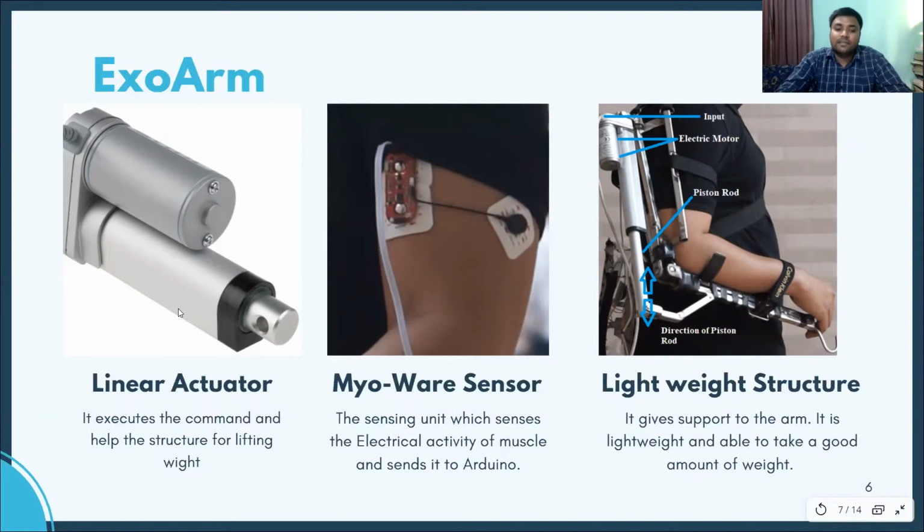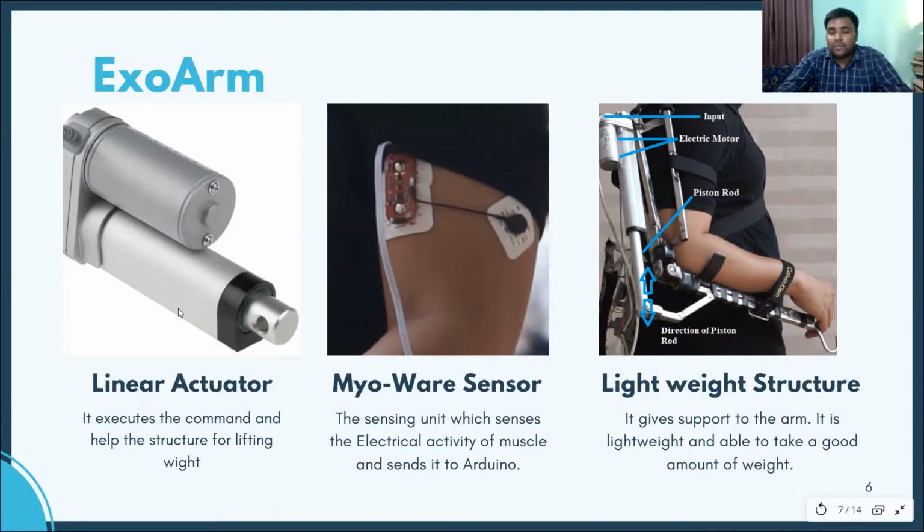Second one is the MyoWare muscle sensor. As you can see in the middle, the MyoWare muscle sensor is a sensing unit which senses the electrically activated muscle signals, or we can say the EMG signals, and sends them to the Arduino.